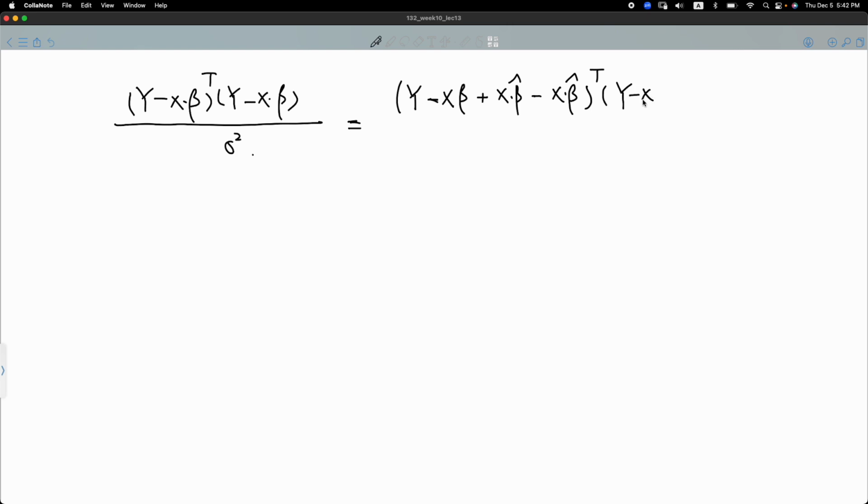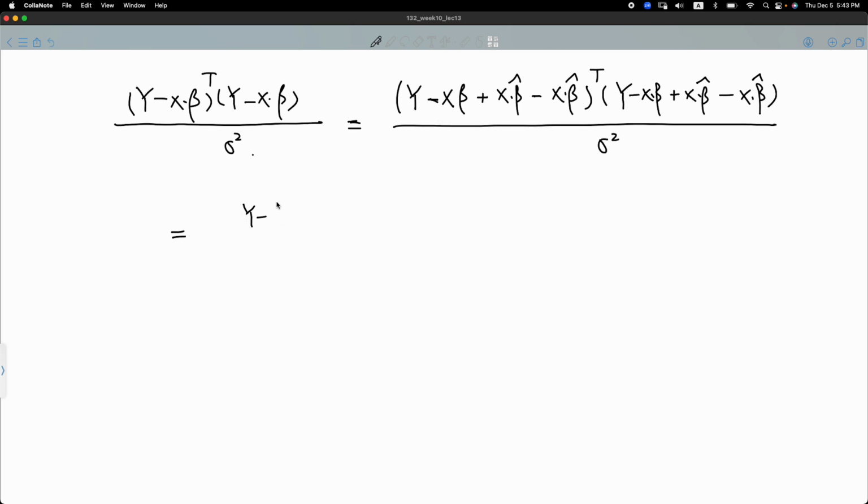And then we do the same thing for the second term, as this is the quadratic form. Okay, and now let's also group some of the terms together, and we will have the following.